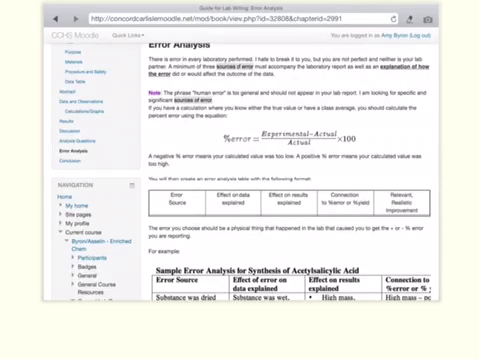Like I told you guys, you need to have 3 valid sources of error for your lab.